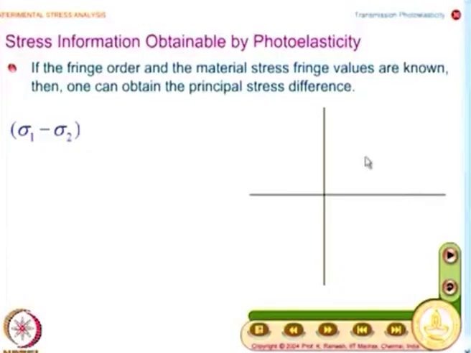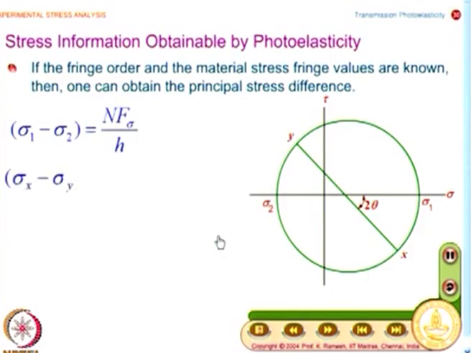And what I have here, I have sigma 1 minus sigma 2 given as n f sigma by h, and if I know the Mohr circle, I can easily write sigma x minus sigma y equal to sigma 1 minus sigma 2 into cos 2 theta. You all know the Mohr circle you draw in the sigma and tau plane.